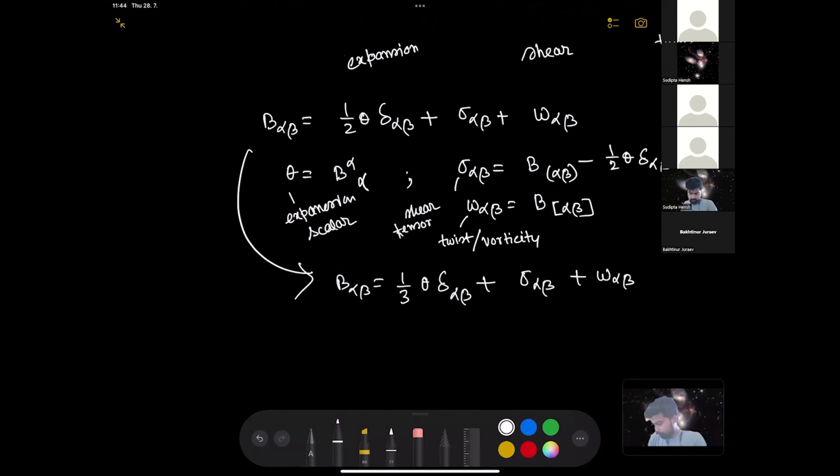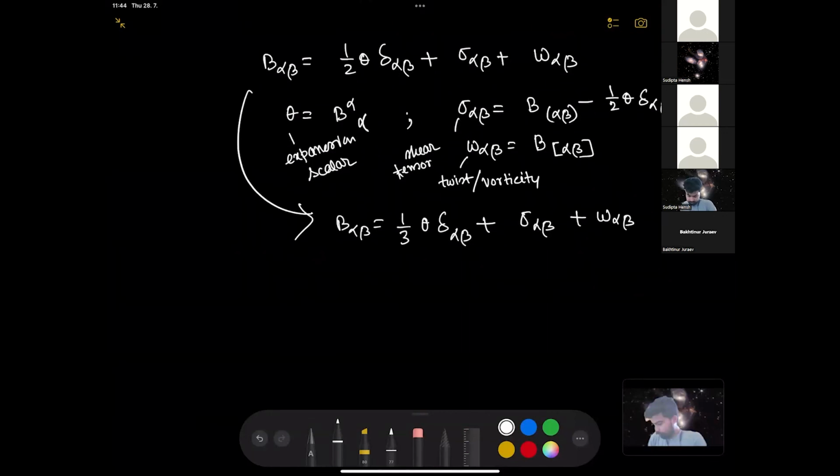And in this 3-dimensional setting, it is kind of a definition that this expansion parameter can be written as the fractional change of volume per unit time.